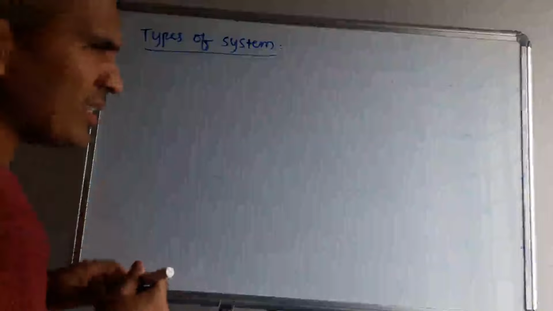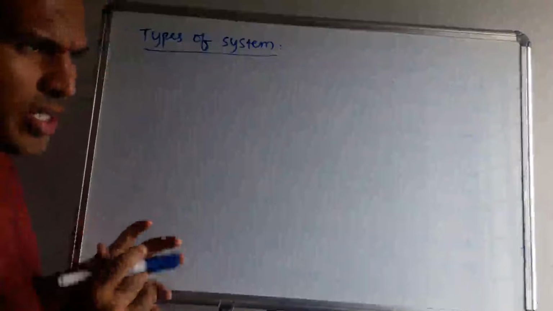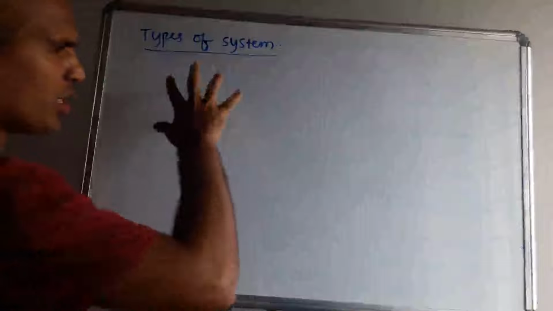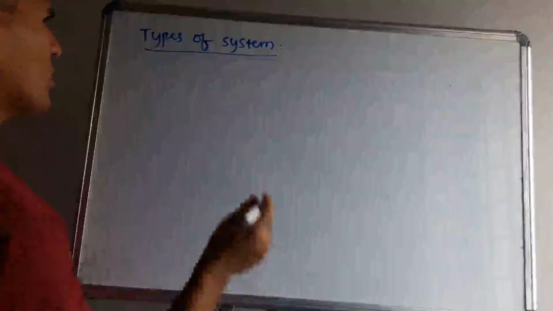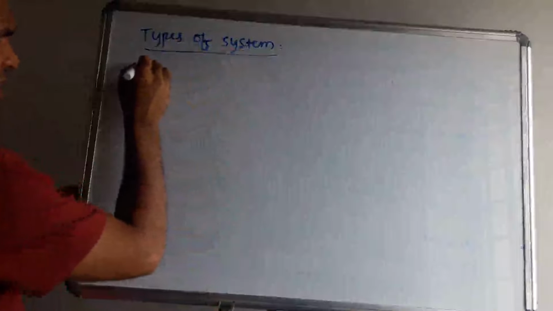Now, types of systems. We can classify the system, because I already told you that in this chapter we are discussing only the system, not the surroundings.